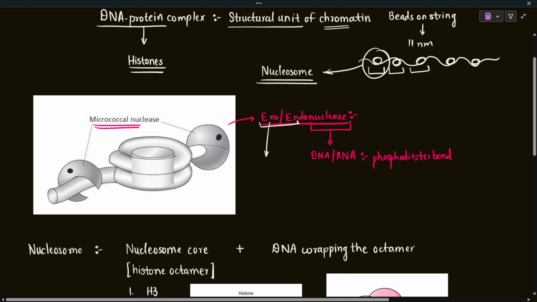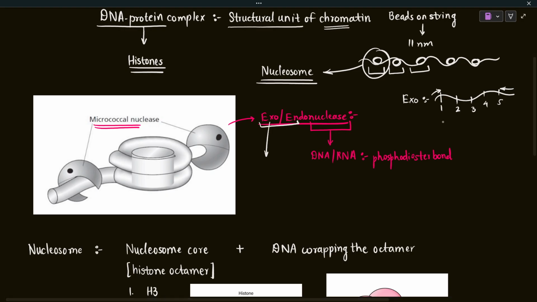So exonucleases. Assume that this is a DNA. They cut DNA from a certain end. Either they can cut DNA from this end or this end. Assume that these are the sites 1, 2, 3, 4, 5. These are the cut sites, meaning the sites at which DNA can be cut.